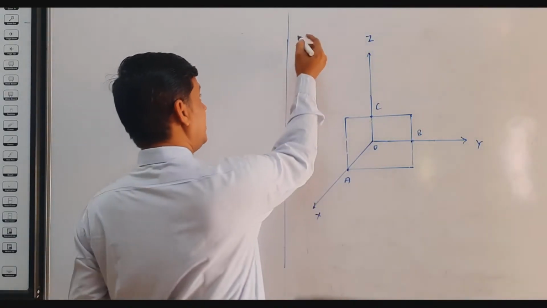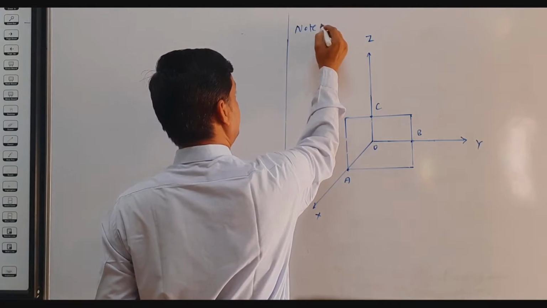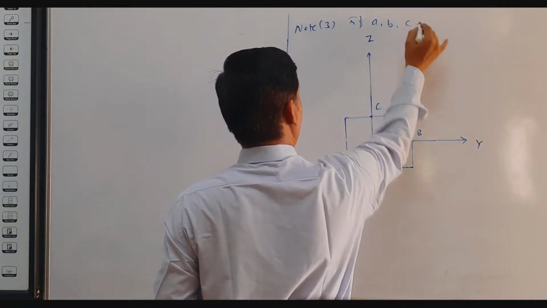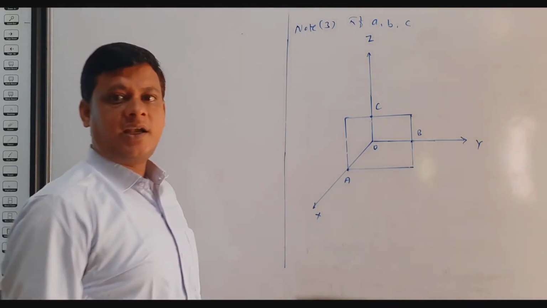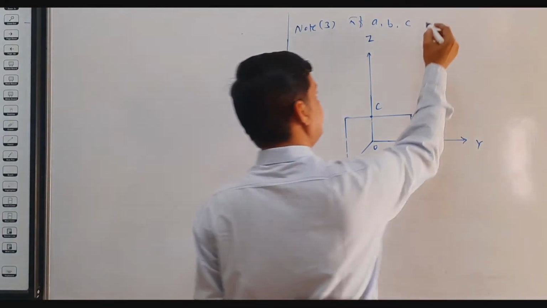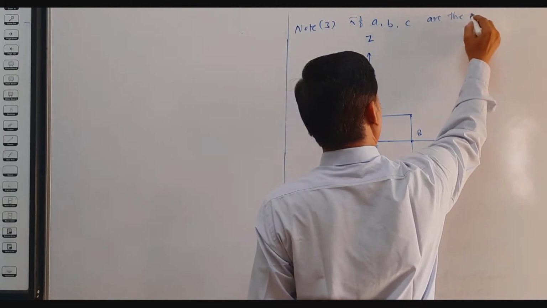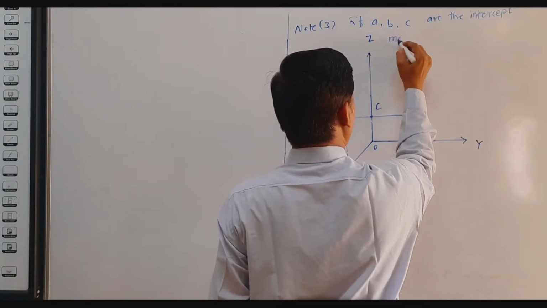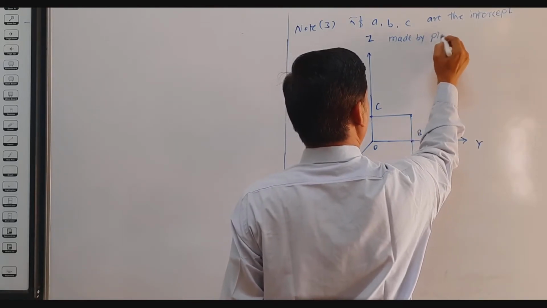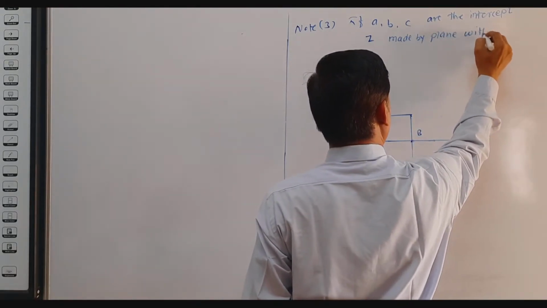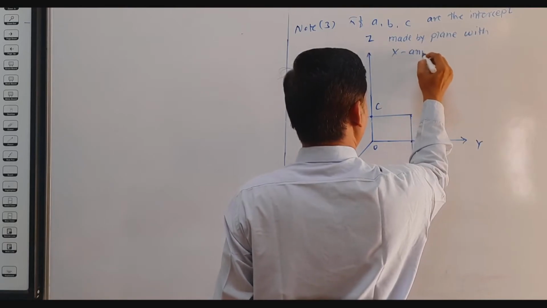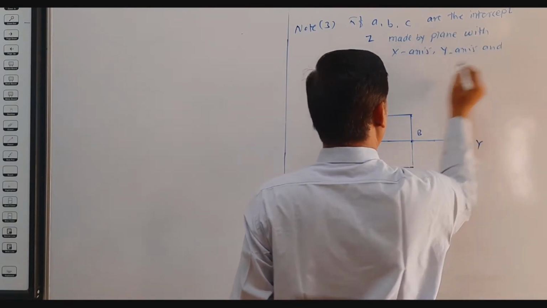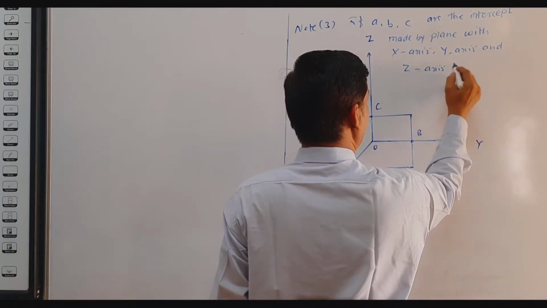So we write in note 3: if small a, small b, small c are the intercepts made by the plane with the x-axis, y-axis and z-axis respectively.